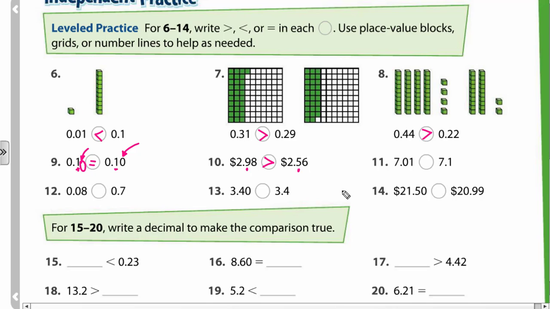Good work. Muhammad Ala? Yes, teacher, I'm here. So 2.98. This one is solved. Oh, I mean 7.01 and 7.1.